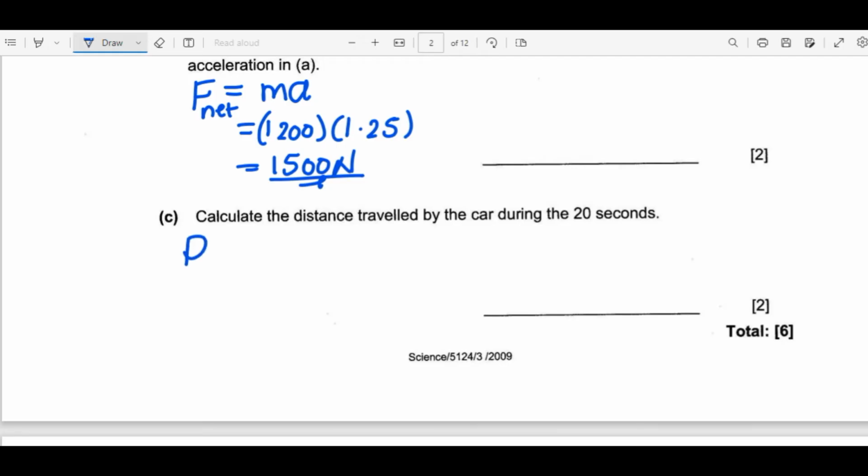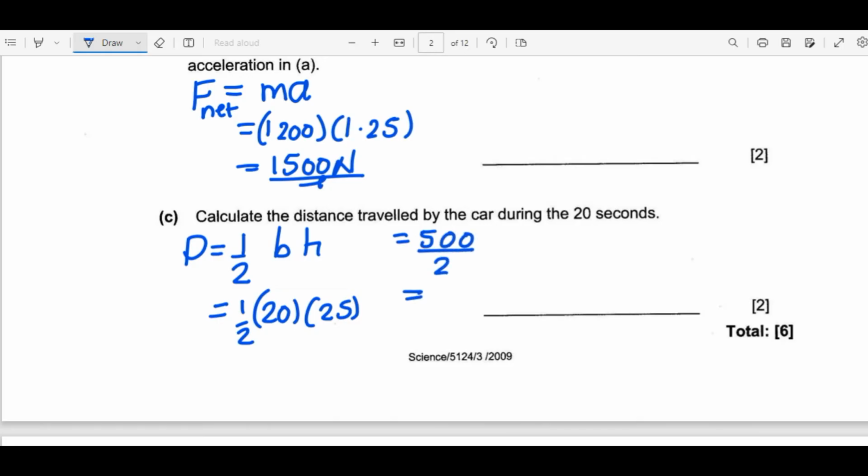So in our case, distance is equal to half BH, which is half, our B is 20 seconds, then our height is 25 according to our graph. 20 times 25, you get 500 over 2, so our final answer is 250 meters.